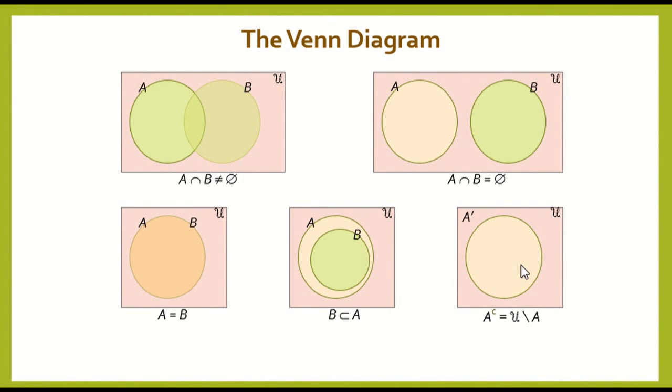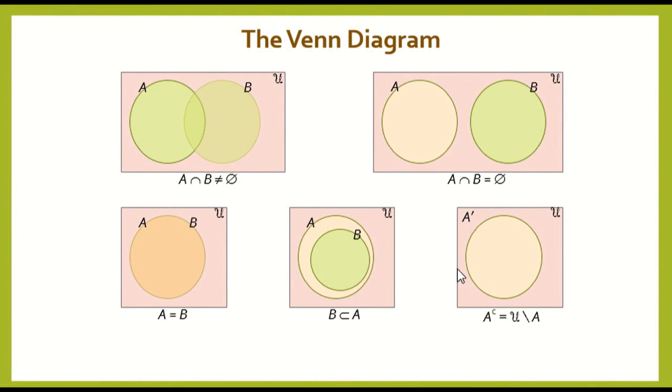This time, we have the complement. So, this circle is the set A. What is outside of it but inside the universal set is A prime or A complement.